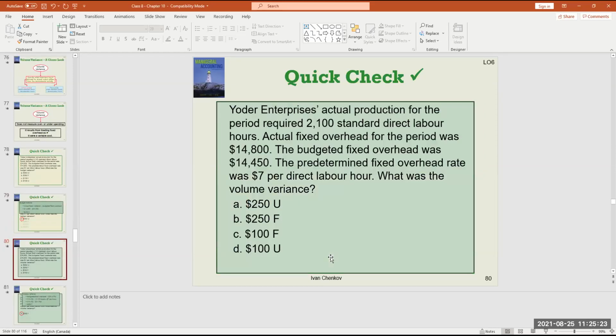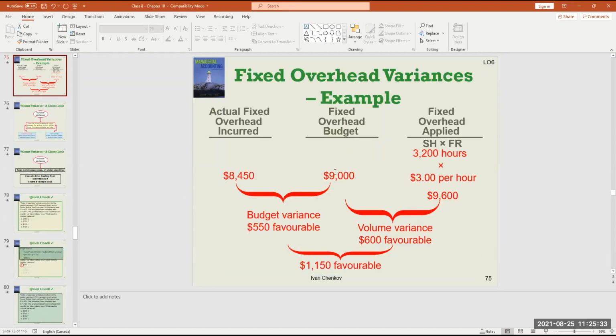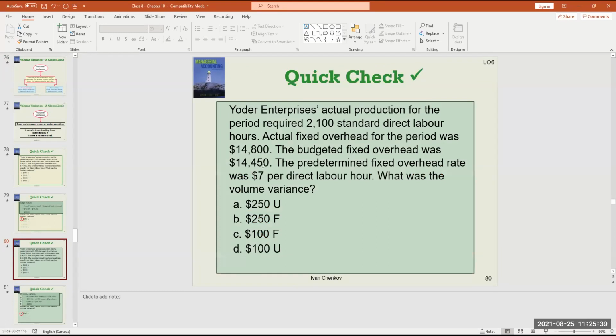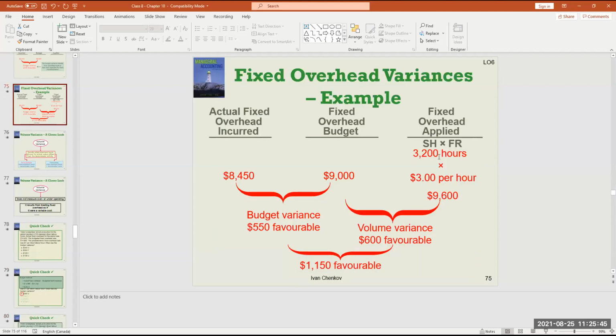So the next one, same information, but what's the volume variance here now? As we saw, the volume variance will be the budget, and our budget here is 14,450, compared to the standard hours that we need times the fixed rate.